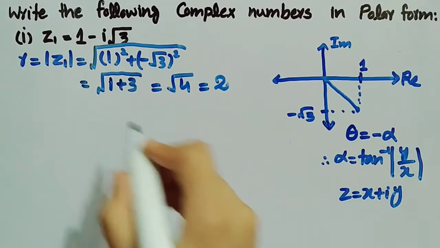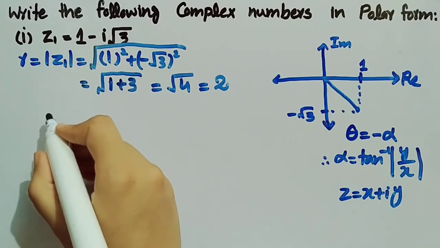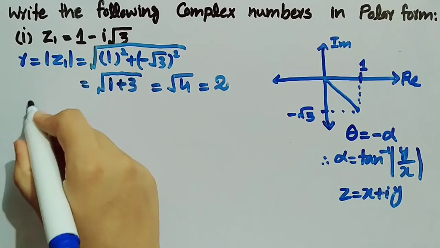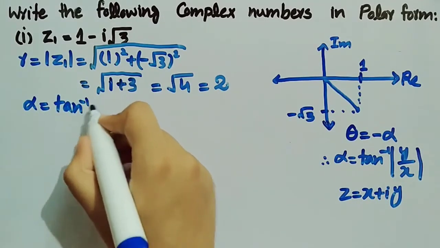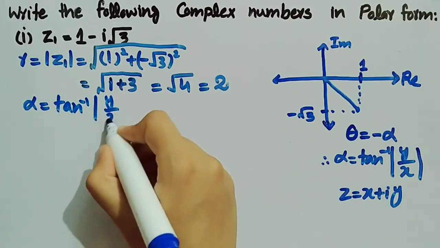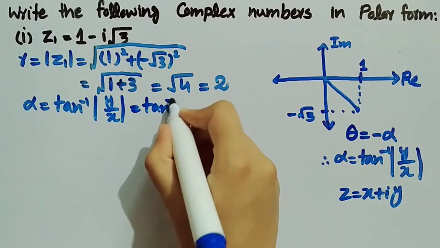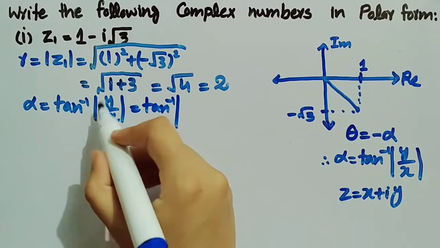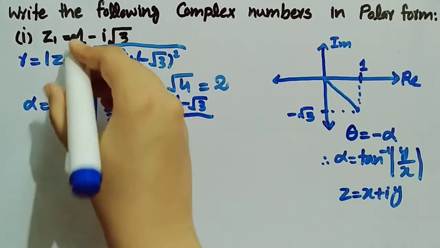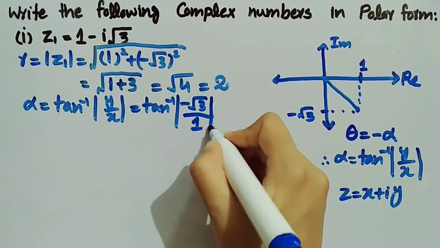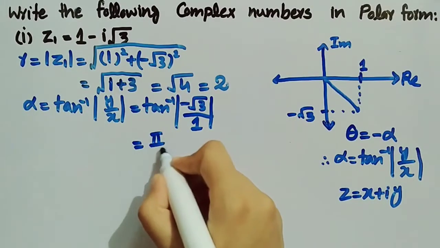So the value of r is equal to 2. To find the value of principal argument theta, firstly we will find alpha, which is equal to tangent inverse y by x, and it is equal to tangent inverse, here y is the imaginary part which is minus square root 3 and x is the real part which is 1, and it is equal to pi by 3.